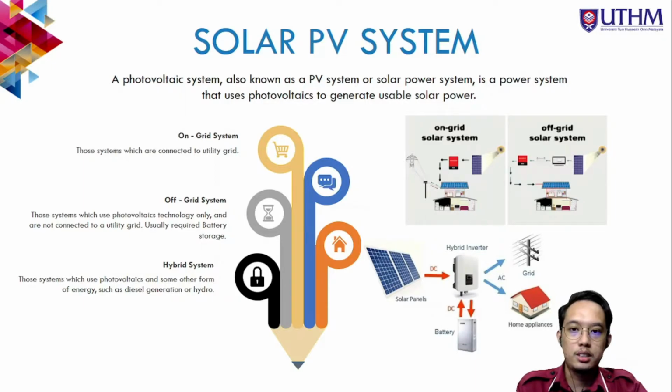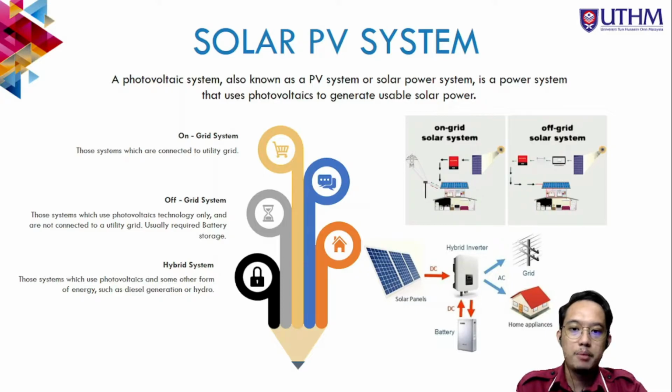The first one is an on-grid system, which is connected to the utility grid. The second is the off-grid system. Off-grid systems use photovoltaic technology only and are not connected to a utility grid. They usually require battery storage to store the energy.